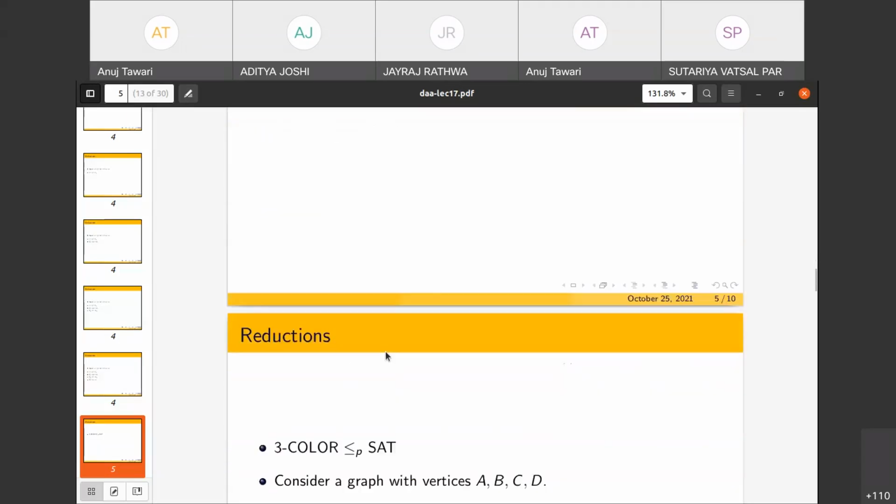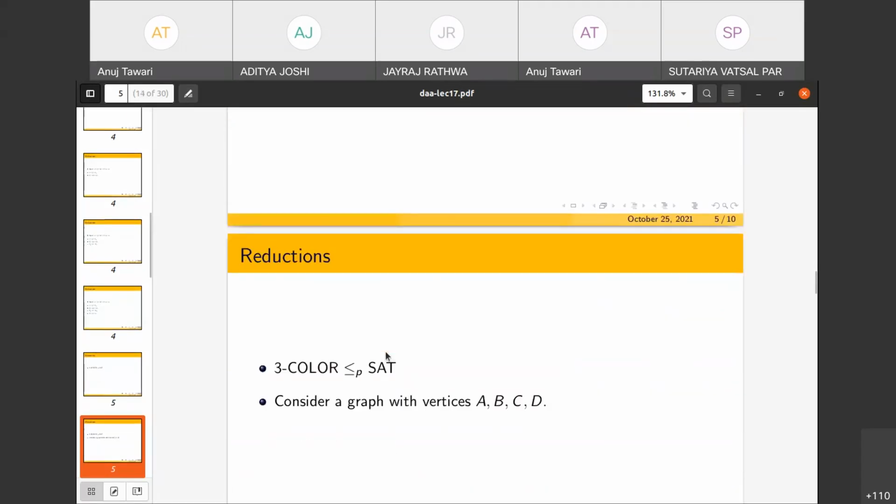So how are we going to write it? Okay. Let's say we are given as input this graph A, B, C, D. It could have n number of vertices and m number of edges. But just for simplicity, for showing an example, I'll consider a graph with just 4 vertices, A, B, C, D. How does this formula look?